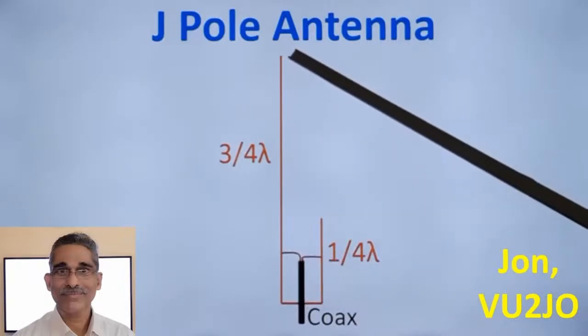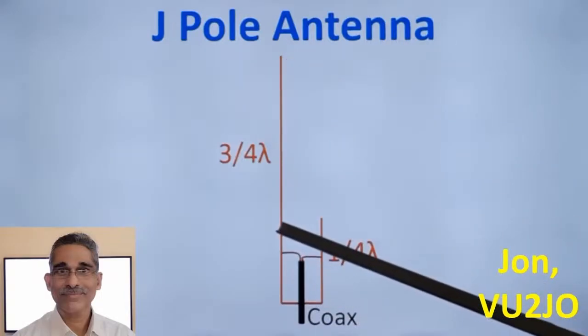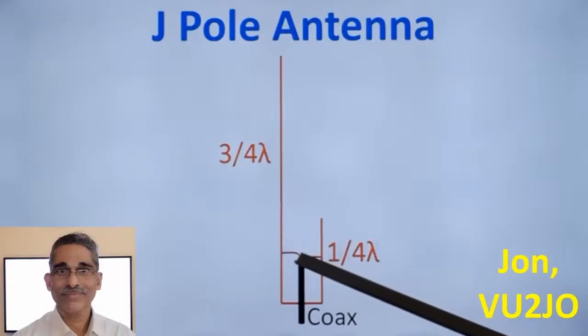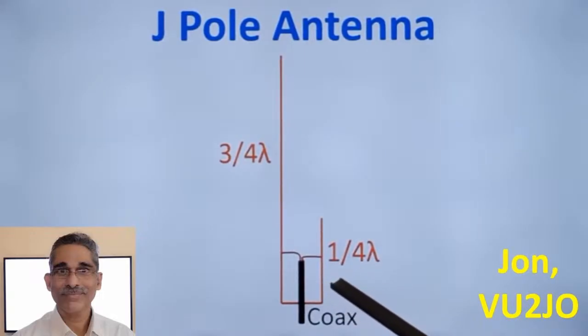And for this half wave antenna, up to this, when the coax is fed here, it can be considered as an unfed antenna. Unfed antennas have high impedance, and this requires a matching. So this arrangement of the J-pole is mainly for matching.